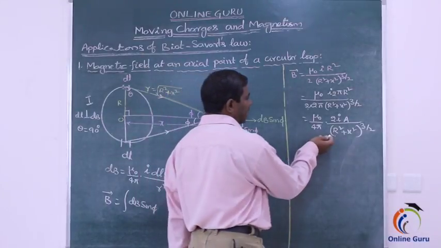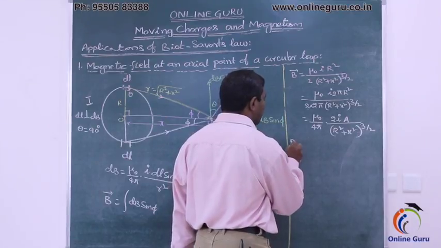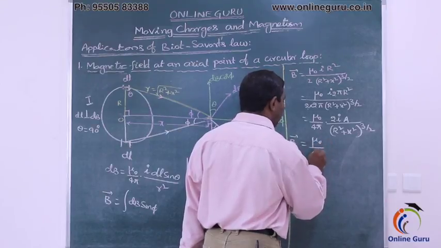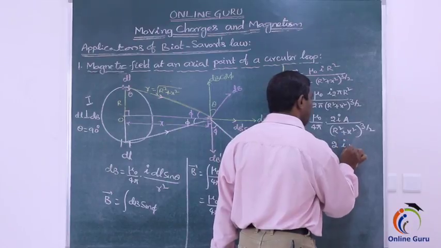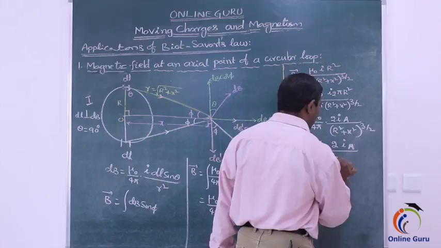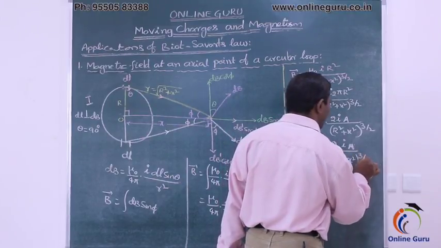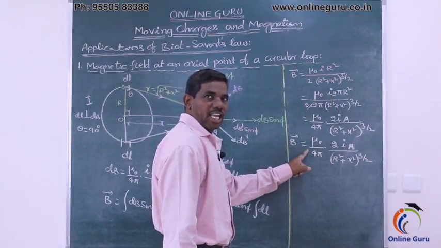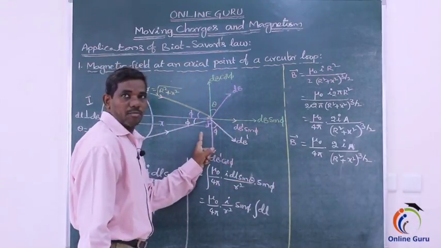The magnetic induction at a point P we can get as B bar is equal to mu naught by 4 pi into 2I into A divided by R square plus X square whole to the power of 3 by 2. It is the mathematical equation for the magnetic induction due to a circular loop of 1 turn.